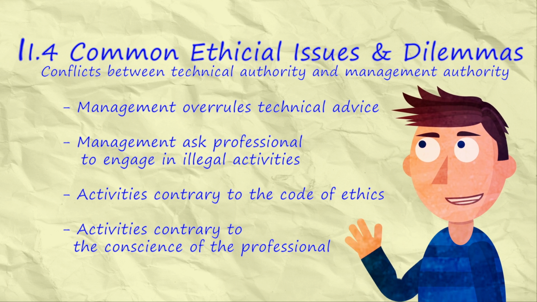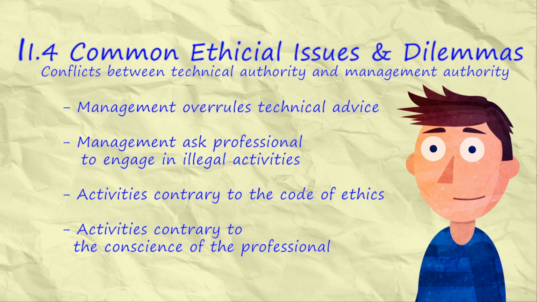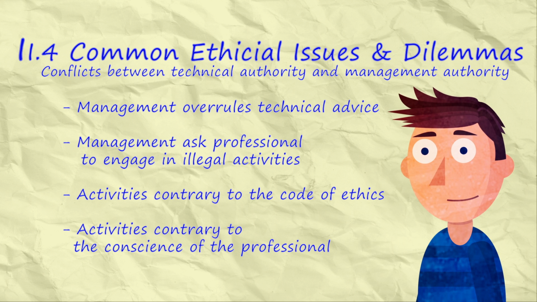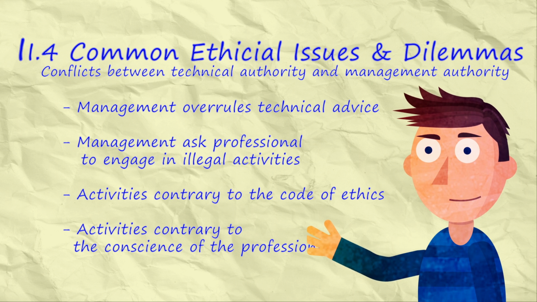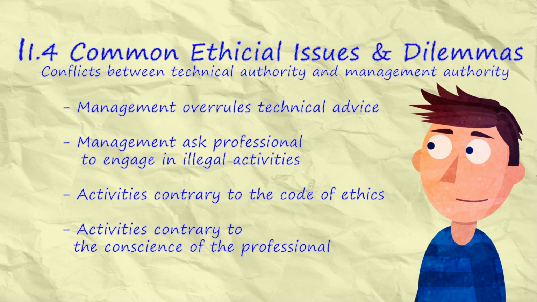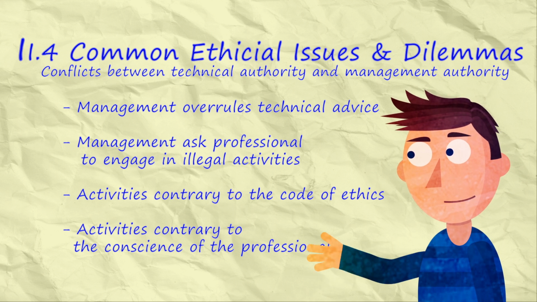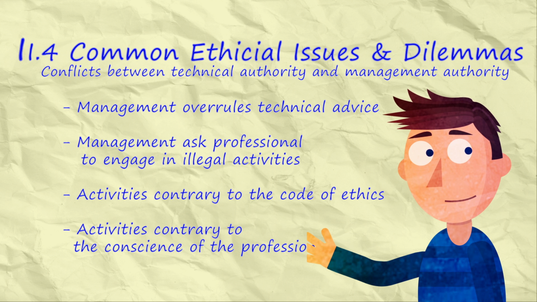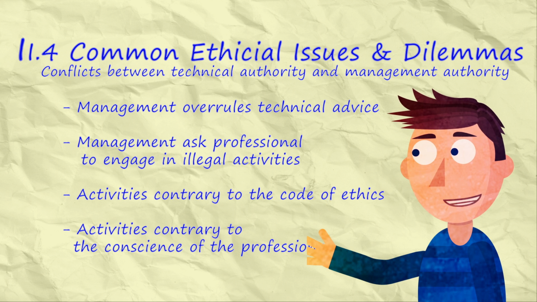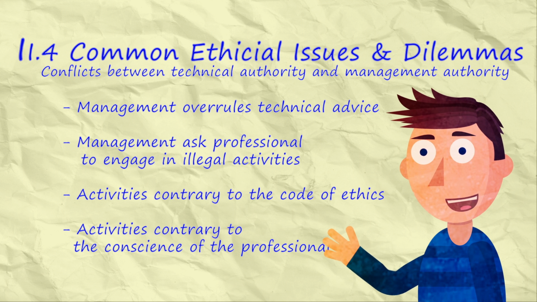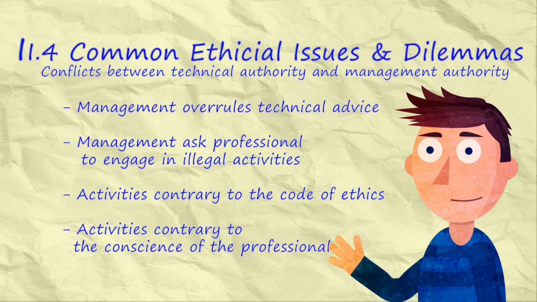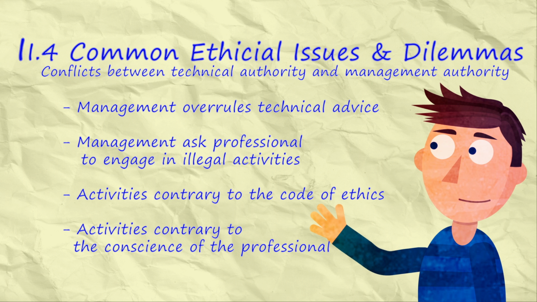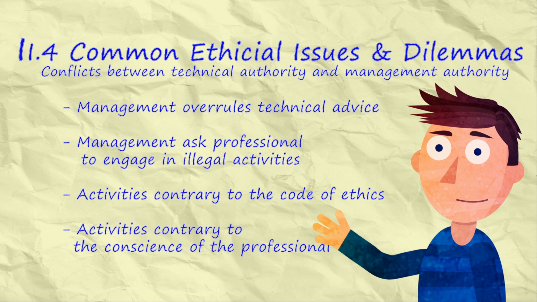The last type of common conflict is activities contrary to the conscience of the professional. While many activities are not necessarily illegal or a violation of the code of ethics, they could still be immoral and could go against the conscience of the professional.